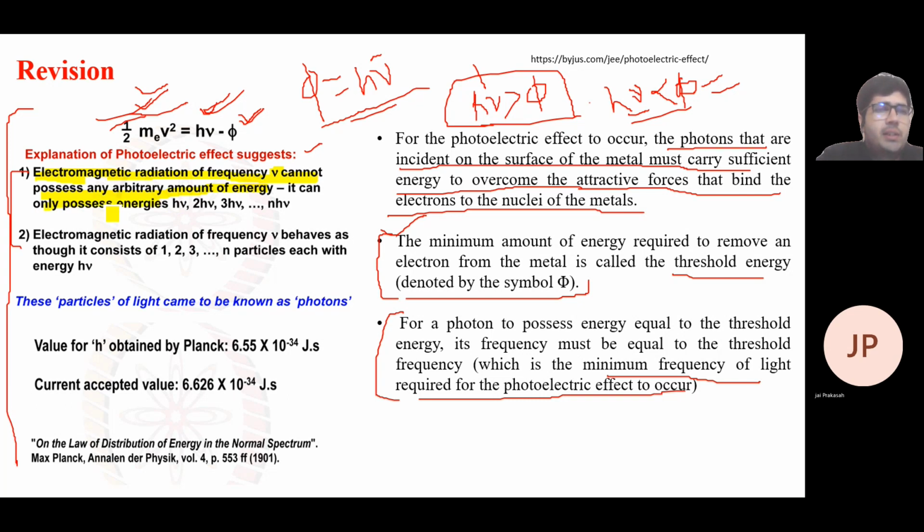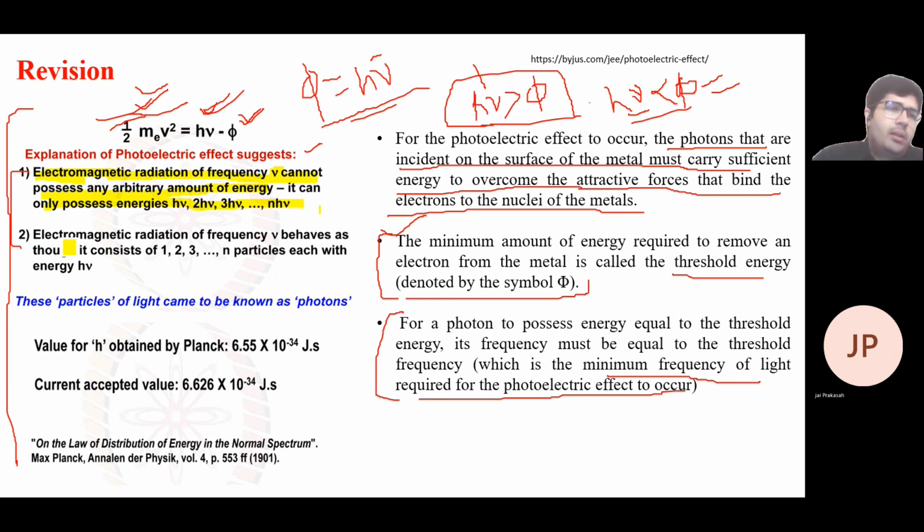It can only possess energy like h nu, 2h nu, 3h nu, that is, n h nu. It cannot be 2.5 h nu or 3.5 h nu. It will be a particular integer only.